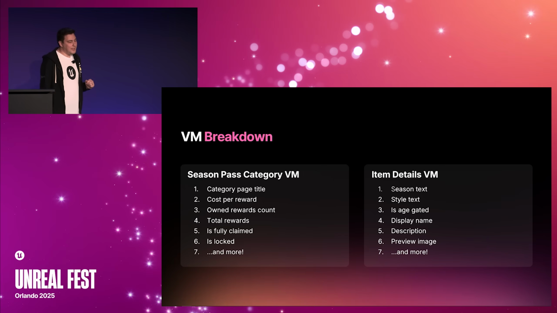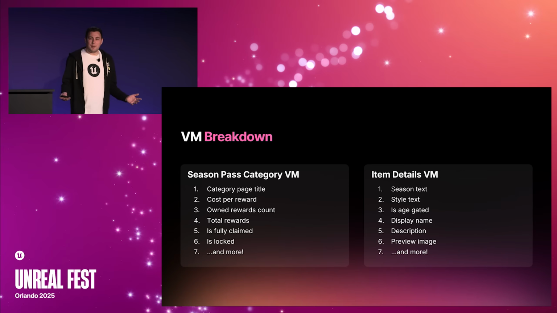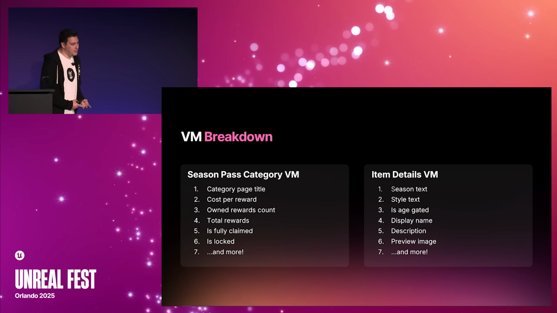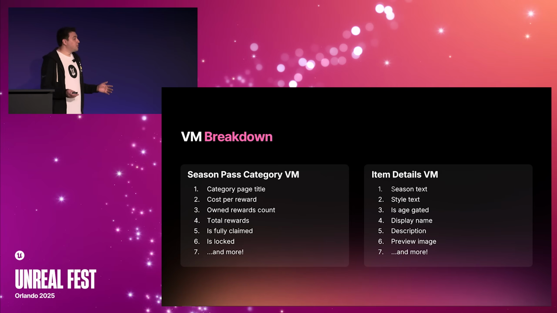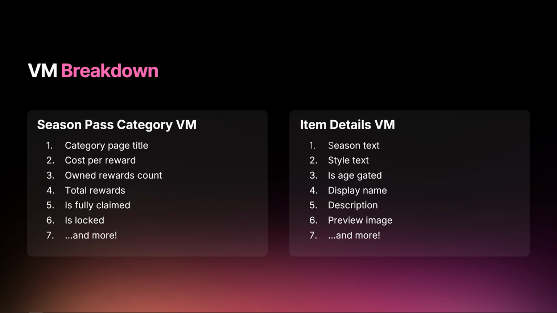On the right, we have the item details VM. This VM provides all sorts of data about the selected item, like its name, description, preview image, and more. While the VM on the left is specific to the feature of season passes, the item details VM is generic enough that we can use it anywhere that we show items. Because of that, we try to keep anything specific to season passes out of that item details VM.